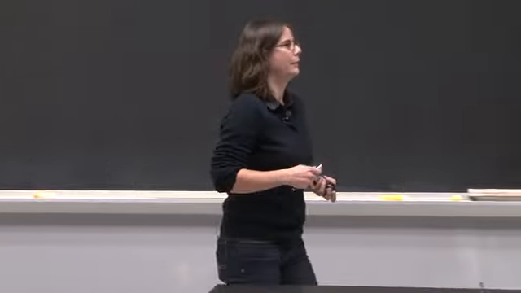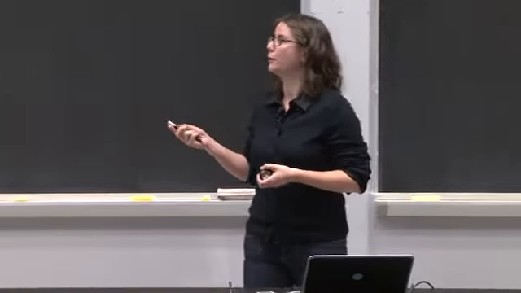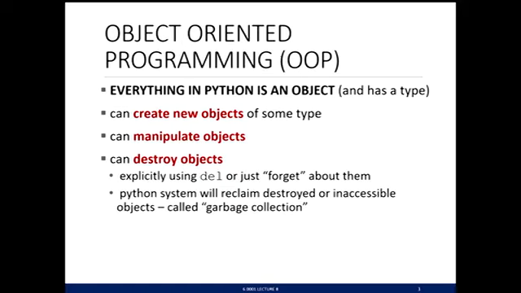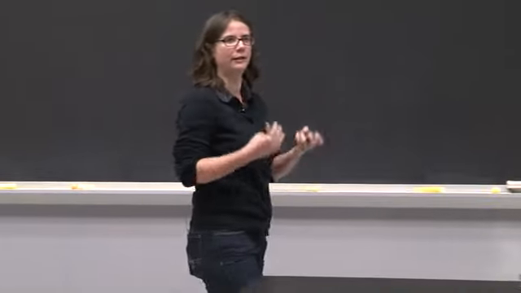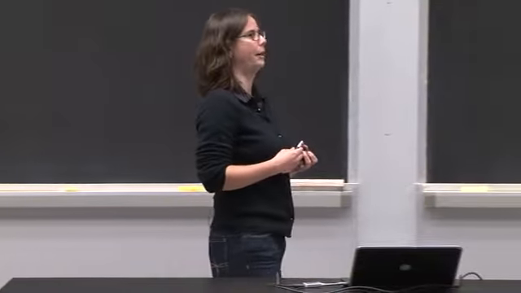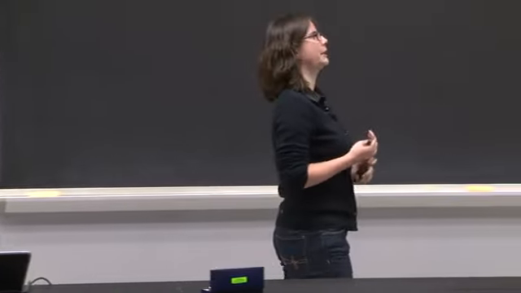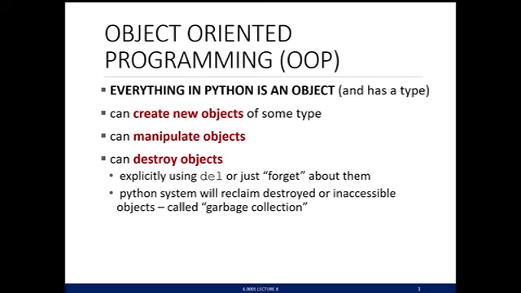So what are the kinds of things we can do with objects? Well, once you have a type, you can create a new object that is of some type. And you can create as many objects as you'd like of that particular type, right? An integer 5, an integer 7, those all work in a program. Once you've created these new objects, you can manipulate them. So for a list, for example, you can append an item to the end of the list.